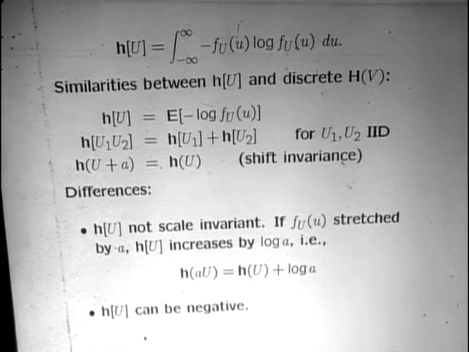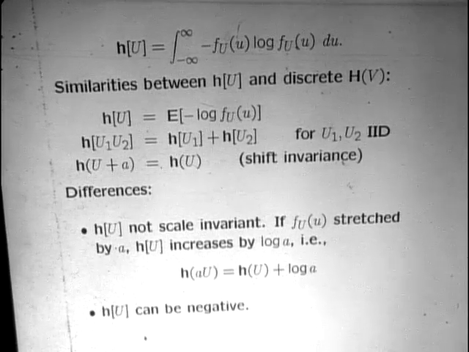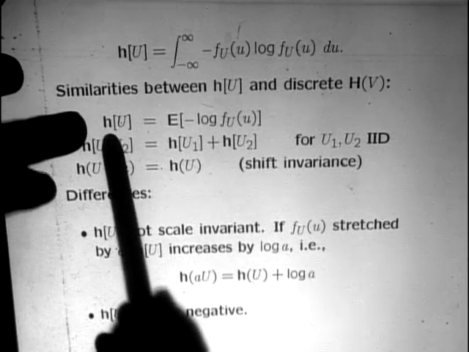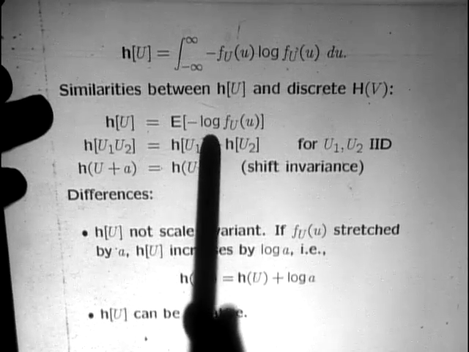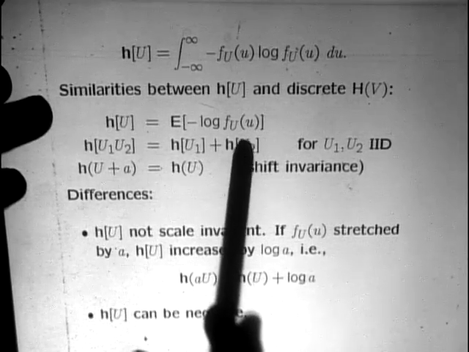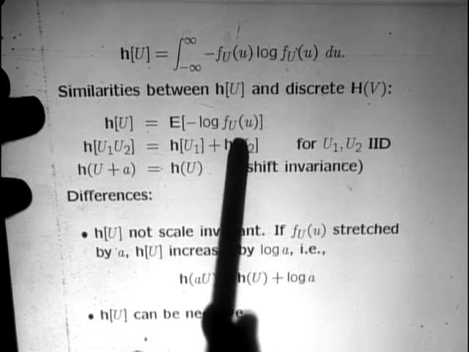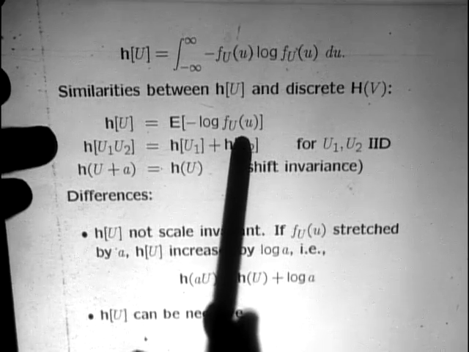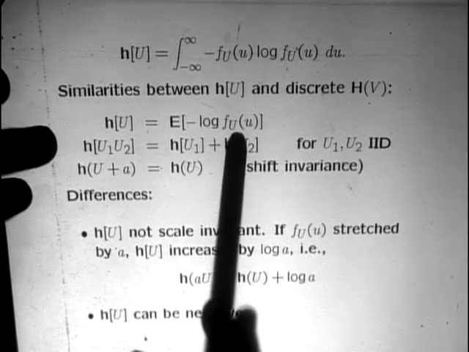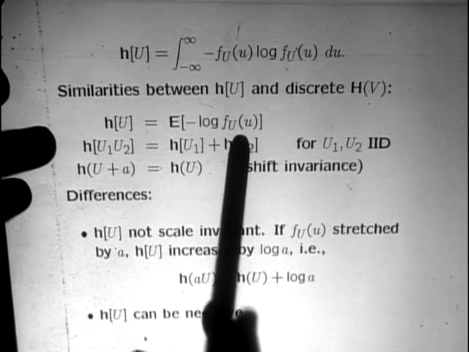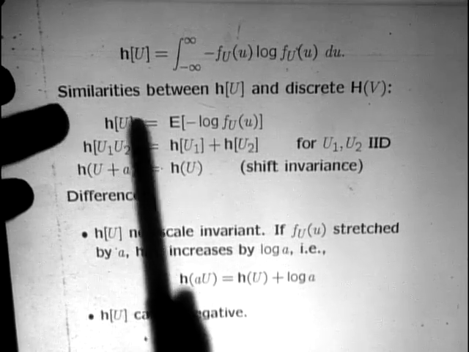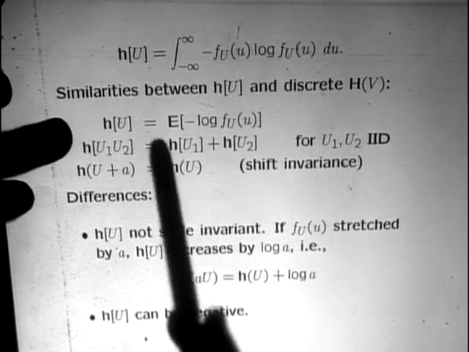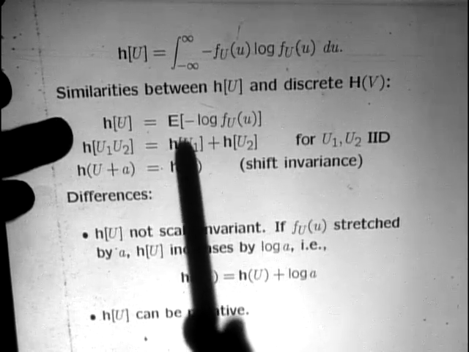Well, the first thing that's the same is the differential entropy is still the expected value of minus the logarithm of the probability density. And we found that that was useful before when we were trying to understand the entropy. It was the expected value of a log PMF. Now the differential entropy is the expected value of a log PDF instead of PMF.